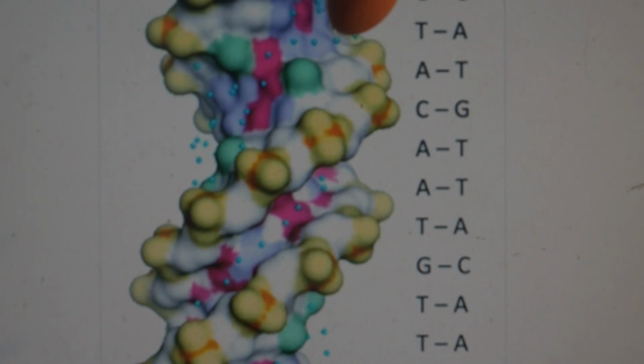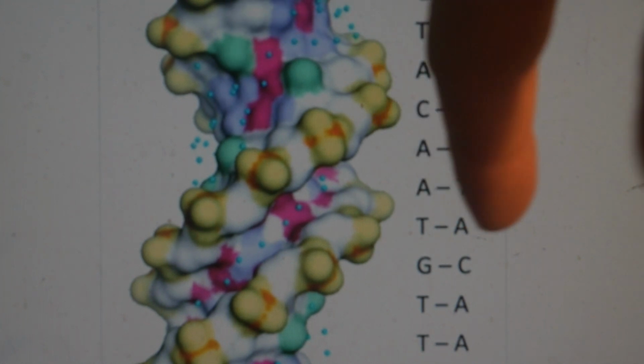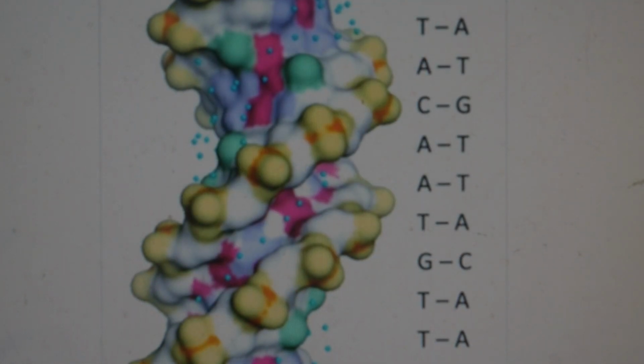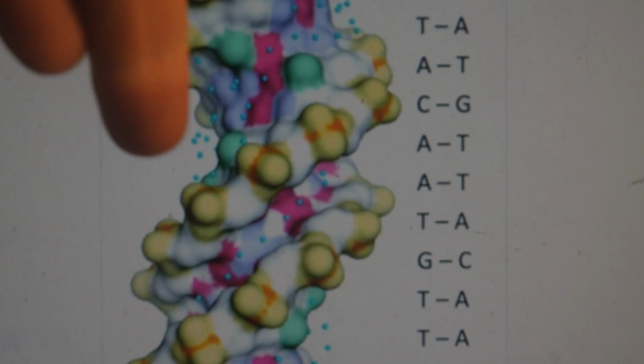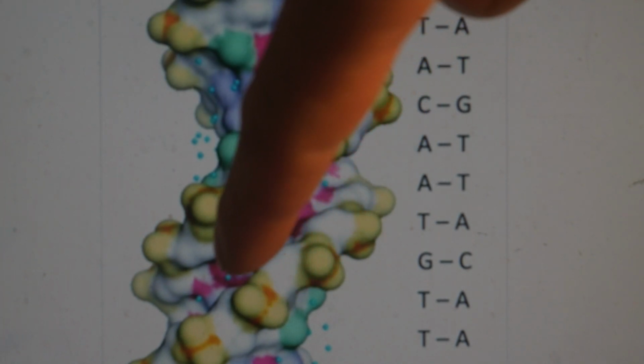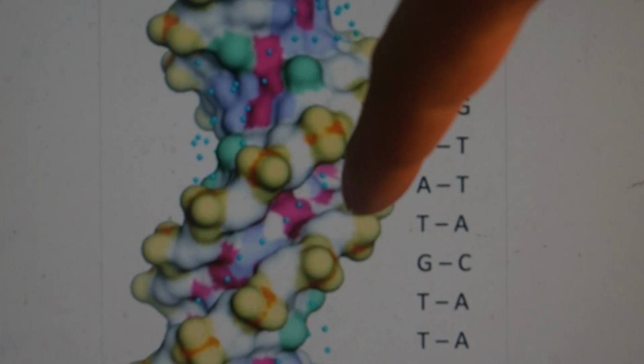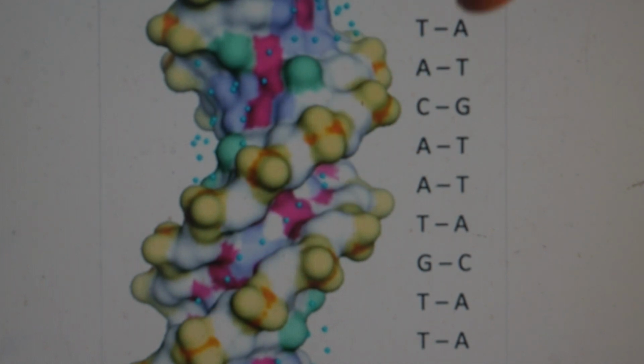And the water molecules are spread out through there, those blue dots, and those are in both the major groove and the minor groove. In the minor groove, you notice there's a spine of water molecules going along it, which are actually in two layers, an upper and lower layer. They form a structure a bit like ice.